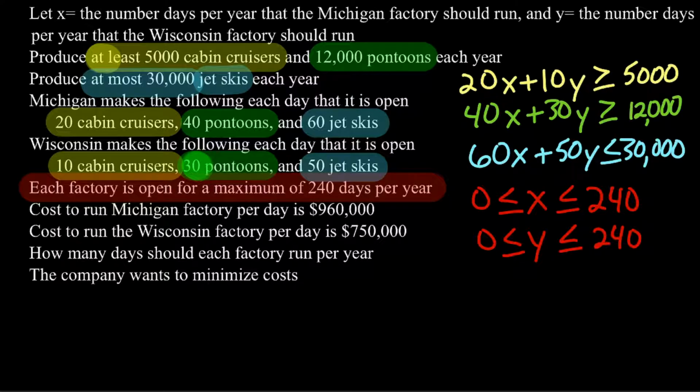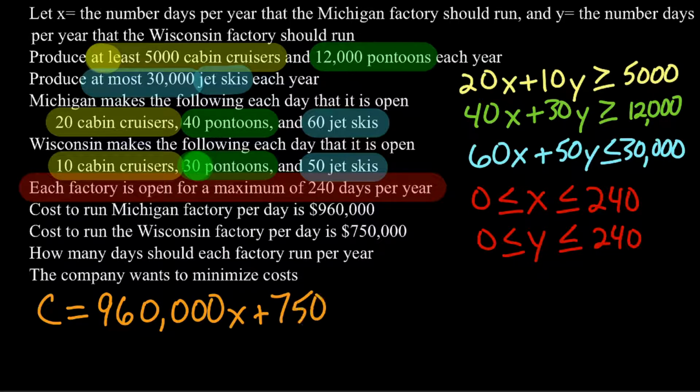And we want to minimize costs. So costs are equal to, Michigan is open per day, it costs 960,000 to run. So 960,000 times X. That's how much it will cost to run Michigan X days, plus 750,000 times Y. That's how much it will cost to run Wisconsin Y days.